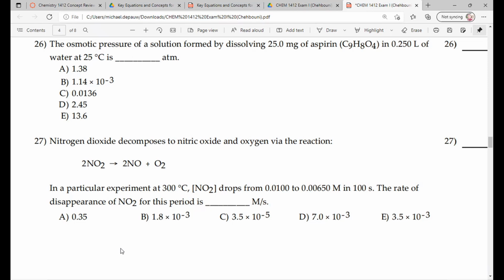So the rate of disappearance of something is simply the absolute value of the change in NO2 over the change in time. That would be the rate of disappearance.